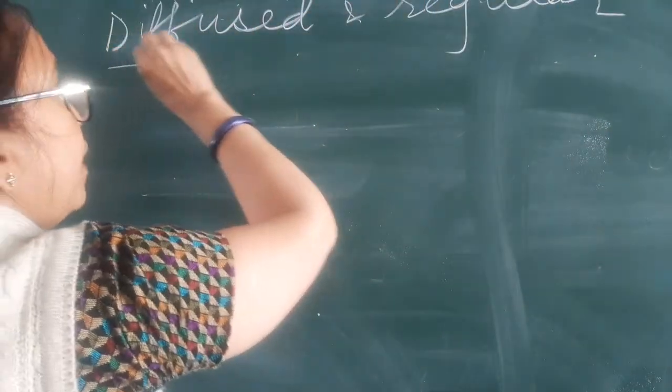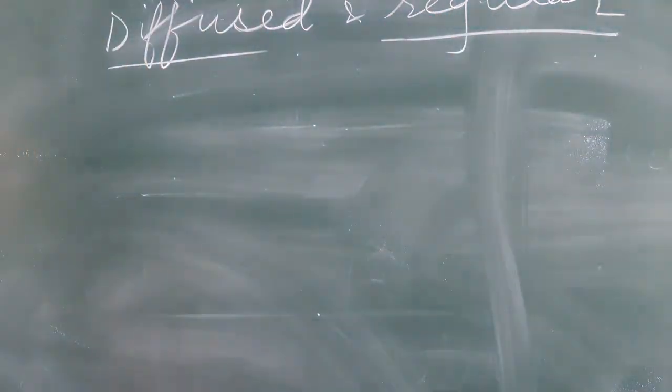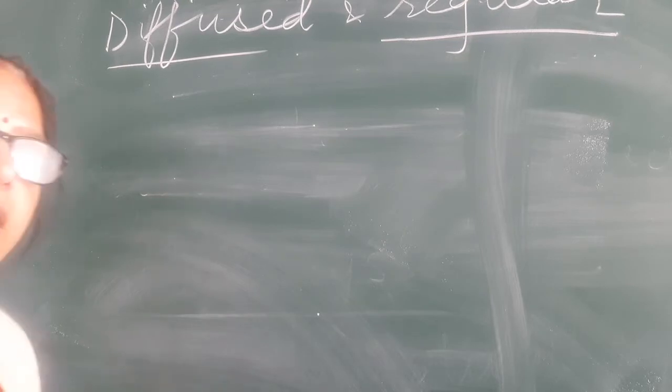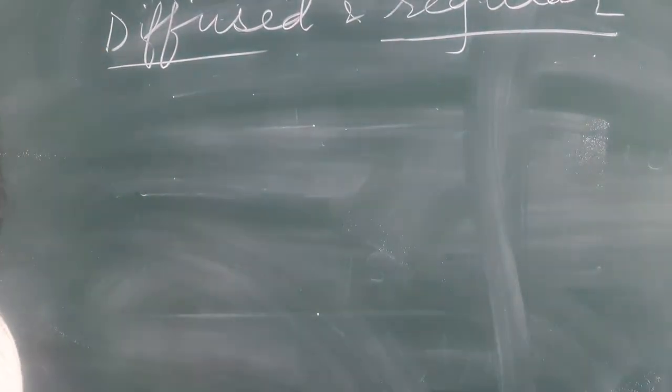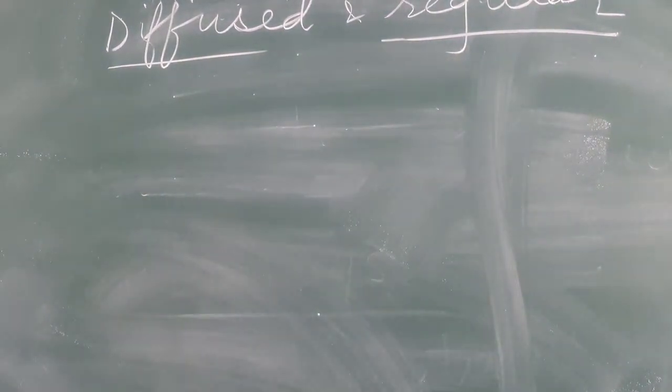What are they? When a ray of light falls on a smooth surface, we see regular reflection, and when a ray of light falls on a rough surface, we see diffuse reflection. So children, you can also say that when a beam of light falls on the smooth surface, it gets reflected in one direction.